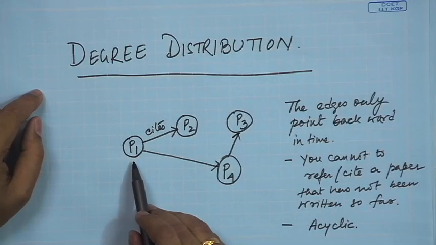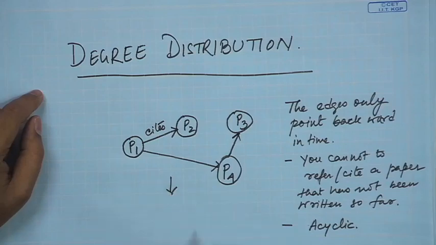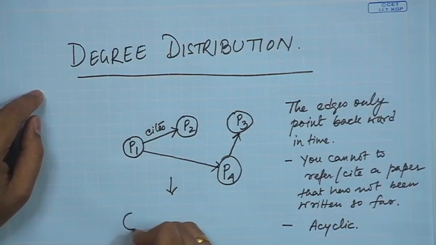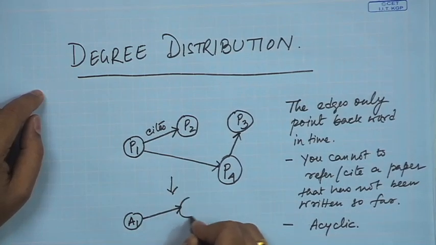Now, given this network, we can measure the degree distribution. But first let us understand what we mean when we say degree distribution. From this paper citation network that I have already drawn in this picture, one can also have an author citation network, where an author, say A1, who is writing the paper P1, can cite some author A2 who has written the paper P2.